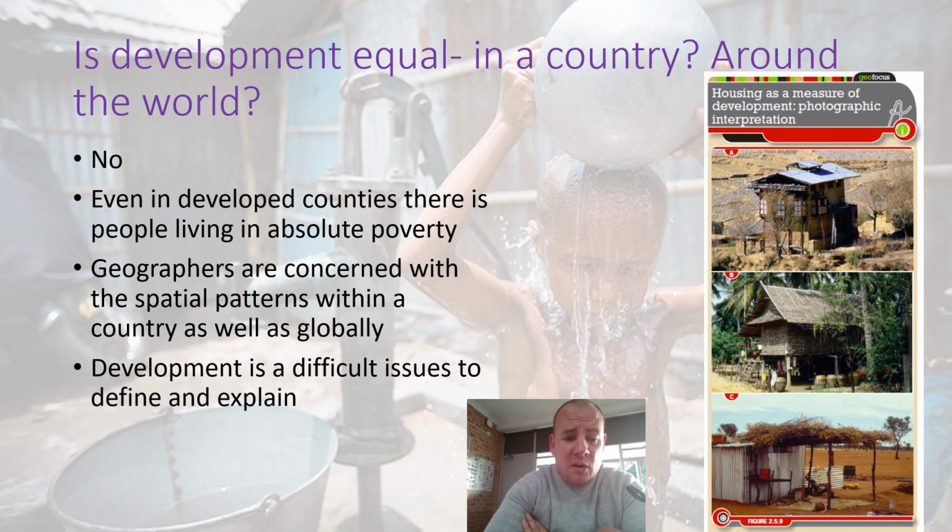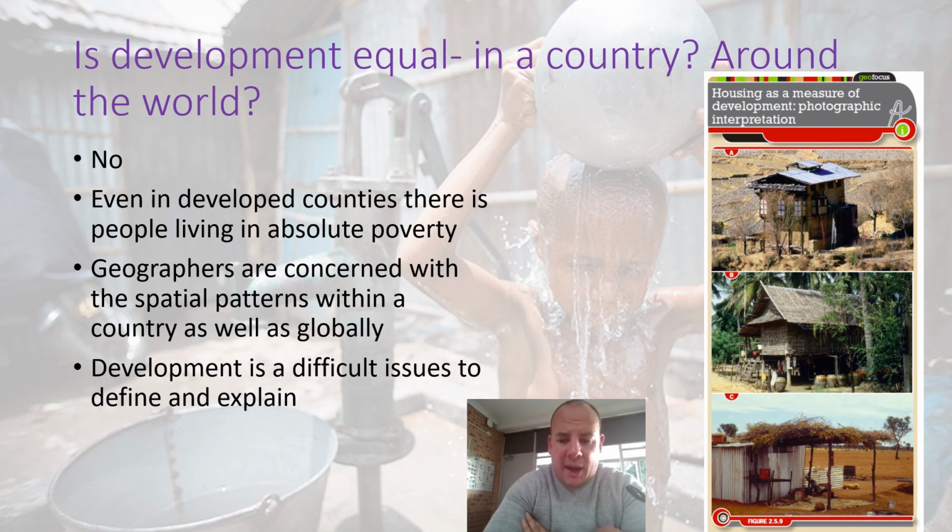The answer is no. Even in developed countries, there are people living in absolute poverty. Geographers are concerned with those spatial patterns or variations within the country as well as globally. So looking at that last slide, yes, we can see where the poorer countries are, but obviously take it with a pinch of salt. Remember, development is a difficult issue to define and explain, and it's very generalized as well.